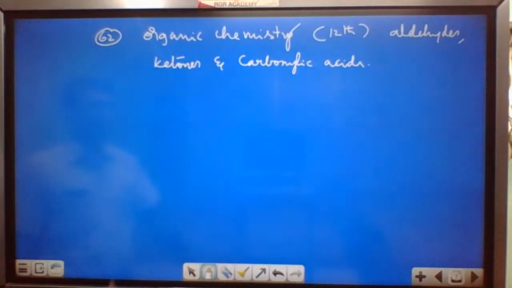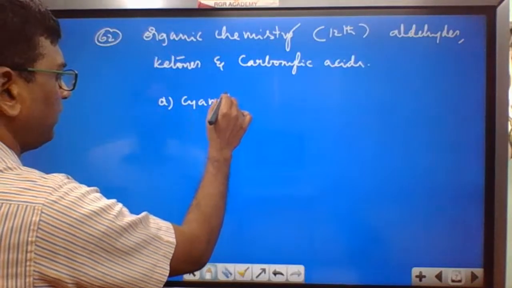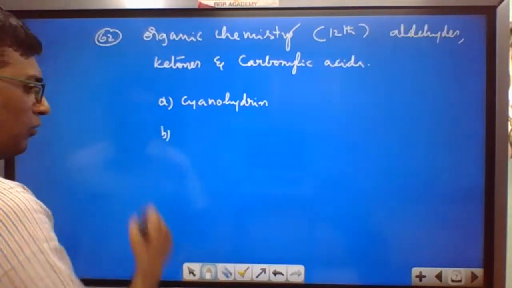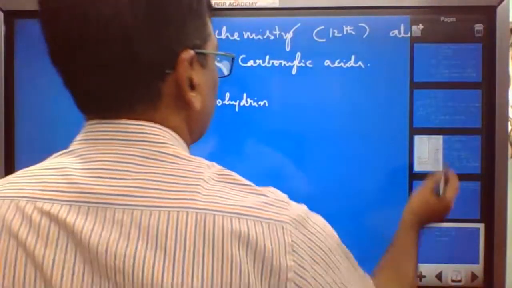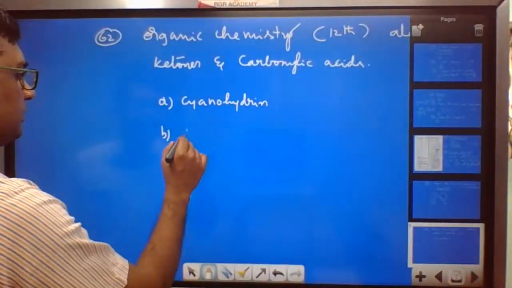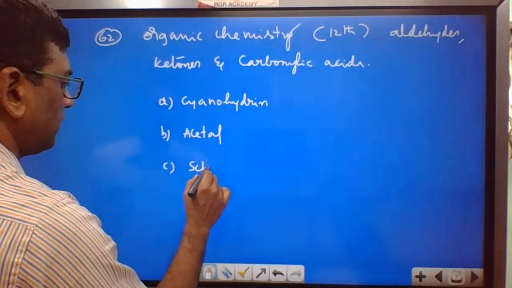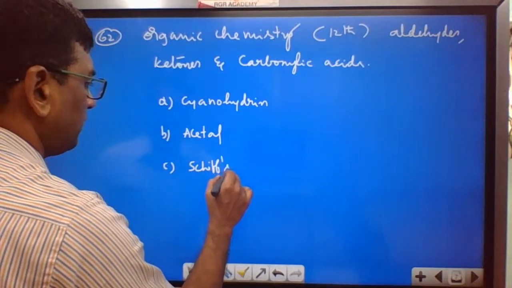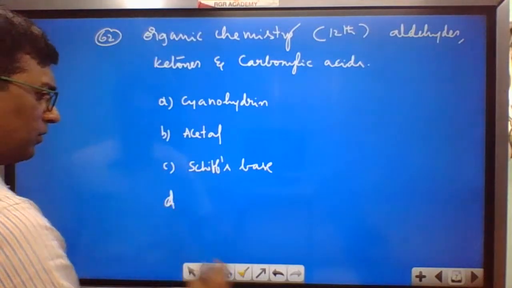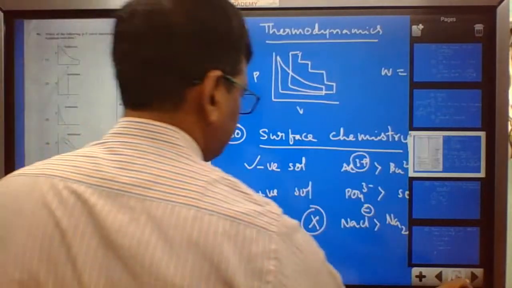Very interesting question. The first option they gave is cyanohydrin. Second, they gave acetal. Third one, they gave Schiff base. Fourth one, they gave oxime.